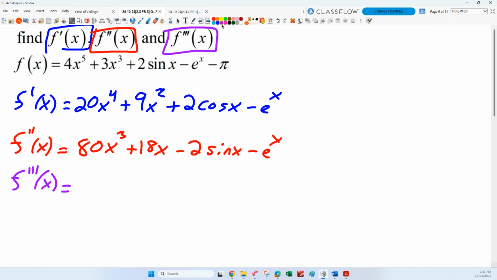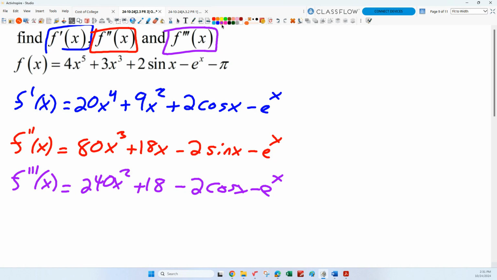Yeah, so I want you to make a prediction. We're only going to do 3, but I want you to make a couple predictions about if we kept going. What's next? 18 minus 2 cosine. If we kept going, what would happen to the first two terms? They'd go away, right?